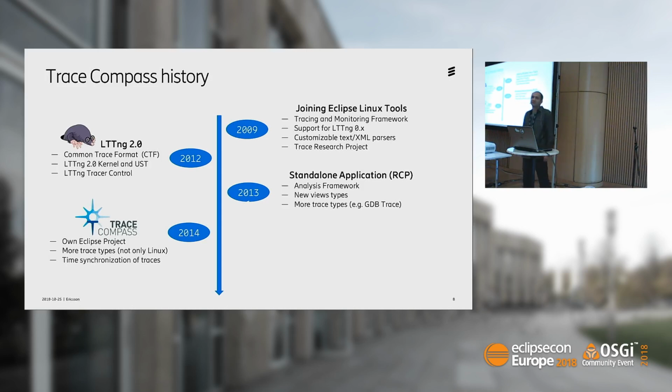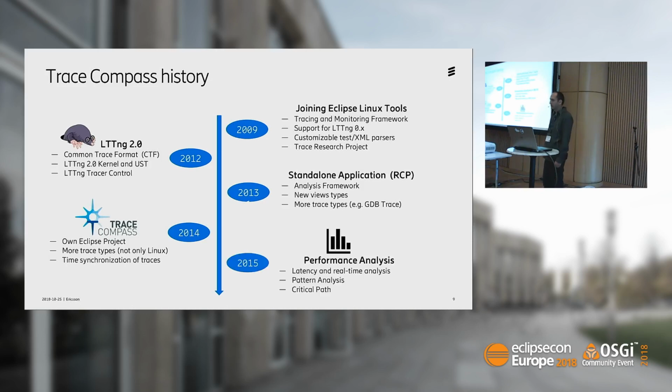So it was always difficult to explain to users and customers, in the open source community and in our company, that you can use it for other types of logs. And so we decided to have our own project to increase visibility and have a better way to collaborate in the community.